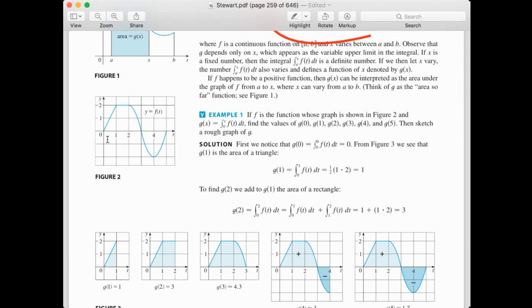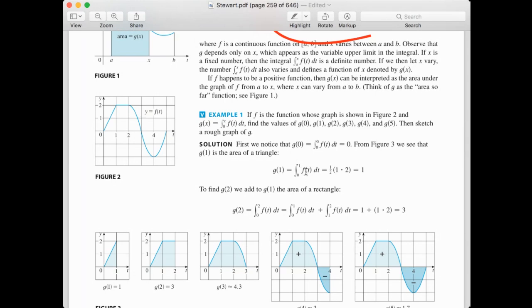Now let's see g of 1. We have the area from 0 to 1, so we have this triangle. We substitute x with 1. So from 0 to 1, of f of t, we just look at the picture, because we don't know what f of t is.